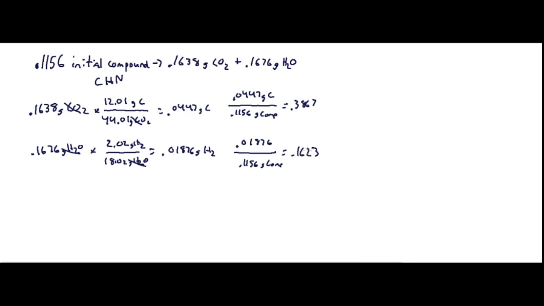Now to determine the amount of nitrogen in the system, we're going to take 100%, so 1 minus the addition of 0.3867, the percent of carbon, plus the percent of the hydrogen, 0.1623, and that's going to be equal to 0.4510.